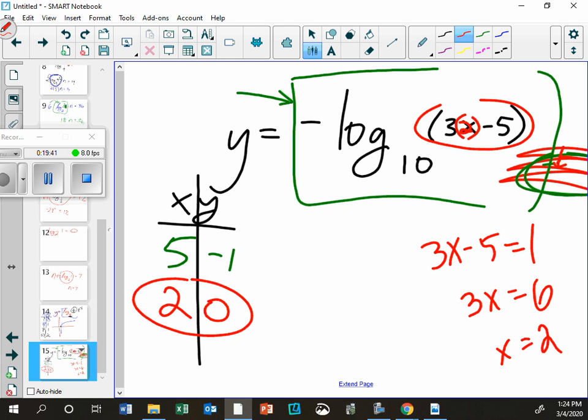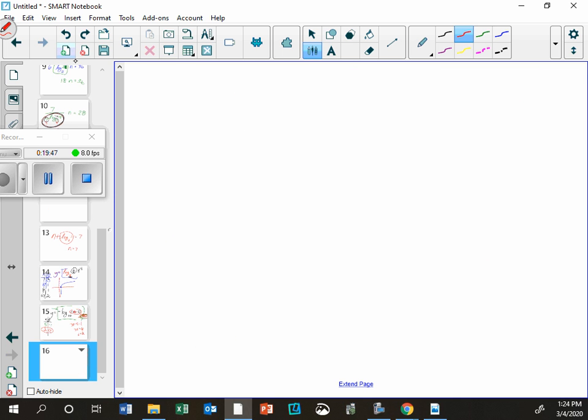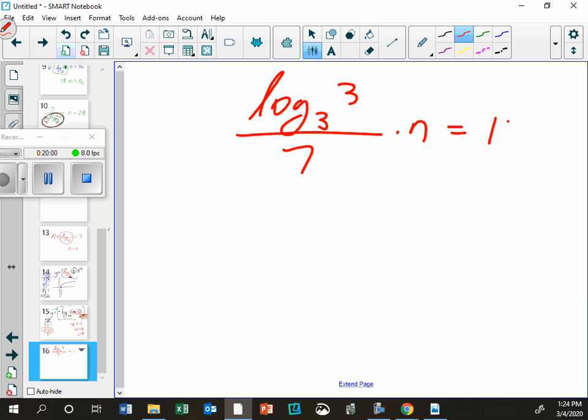All right. So I've already been talking to you about the new stuff for today. The new stuff for today looks just like this. You've got it like an equation. Some of them are even easier than this, but this is like the hard ones. Let's say you have log base 3 of 3/7 times n is equal to 10. And you have to be good at simplifying logs.